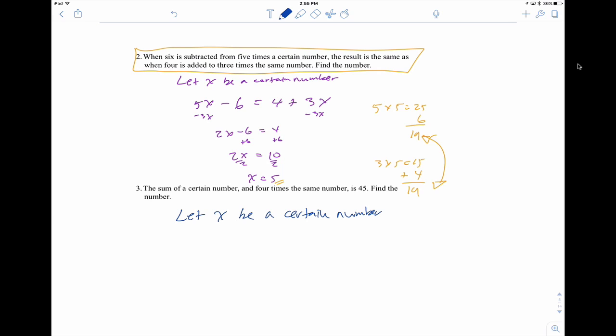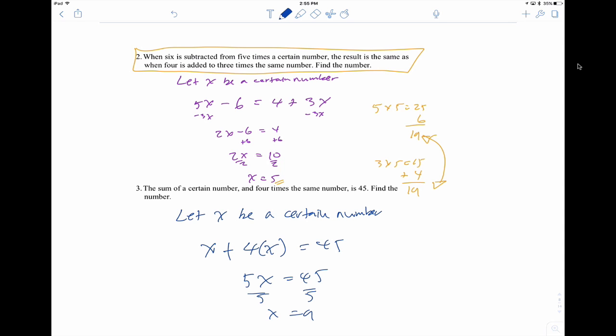The sum of a certain number and 4 times that same number, so we don't need 2 variables in this case because both parts of this expression are the same number we're dealing with, is 45. This is easy. x plus 4x, well, there's not much to do here, 5x. 5x is 45, x is 9. Simple as that.